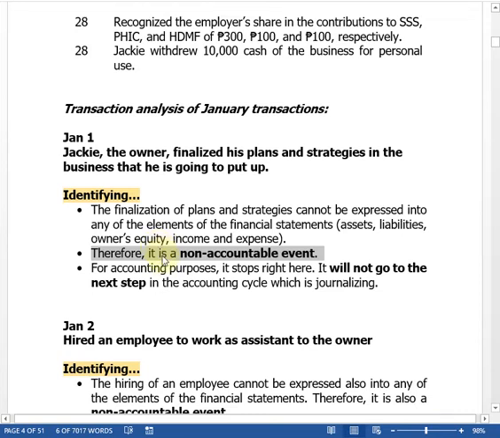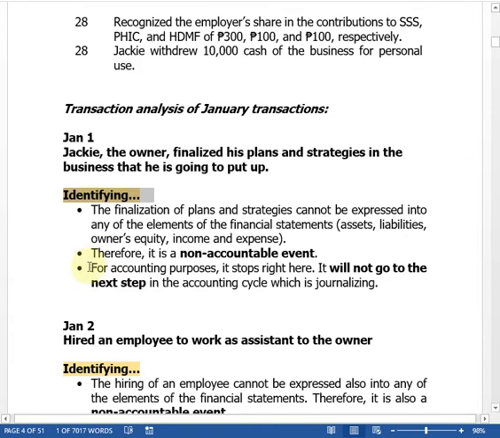But if the transaction is non-accountable like this one, it will no longer go through the next stages in the accounting cycle. It will stop here at identifying because it will no longer be journalized, and all other steps after that will of course no longer be made for that transaction, because again that transaction is non-accountable.